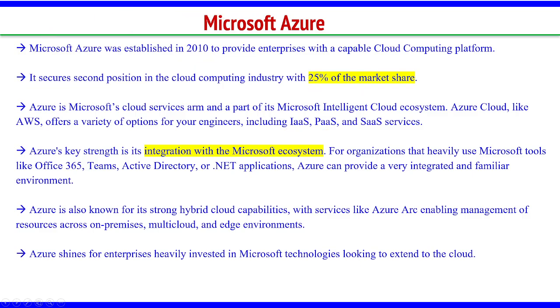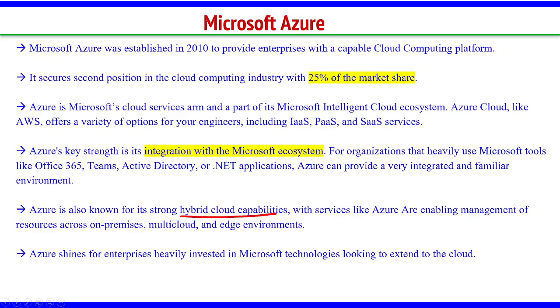The key strength of Microsoft Azure is it can easily integrate with the Microsoft ecosystem, meaning Microsoft products like Teams, .NET, Office 365, whatever Microsoft related tools are there, they can easily integrate with the Azure platform, right? That is one advantage. The other differentiating factor from AWS is that Azure supports hybrid cloud capabilities.